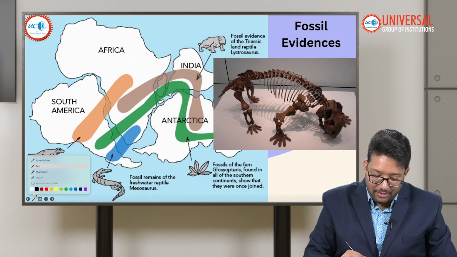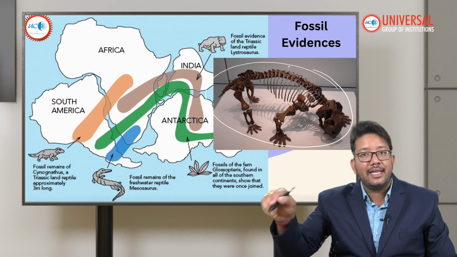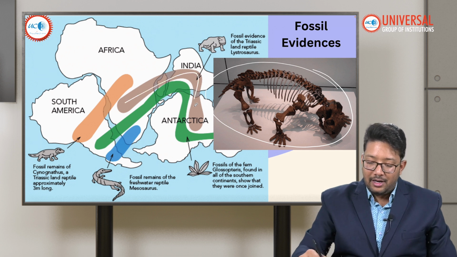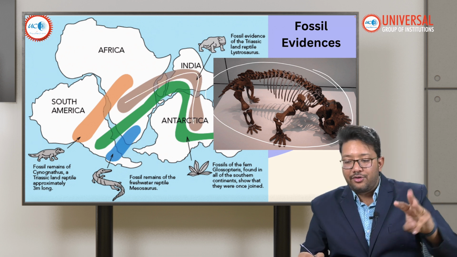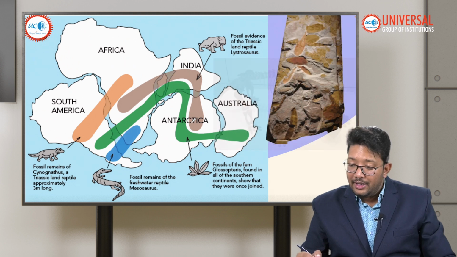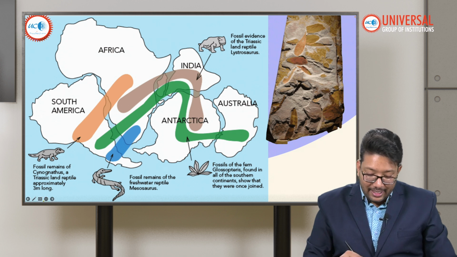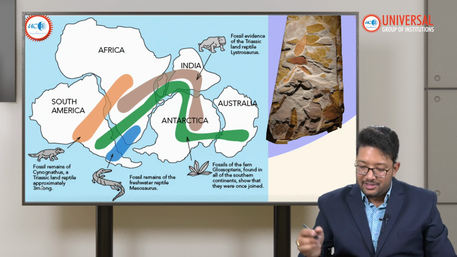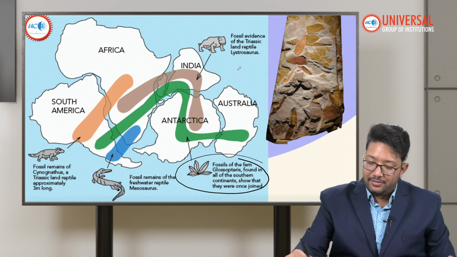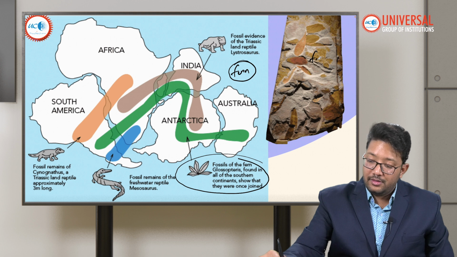The third evidence he gave was Lystrosaurus. An interesting fact about Lystrosaurus is that its fossils have been found in India also. So Lystrosaurus: Africa, India and Antarctica. These three are the continents where Lystrosaurus fossils have been found. Again, it was the same reptile. And the fourth evidence, till now all were reptiles, is the fern.